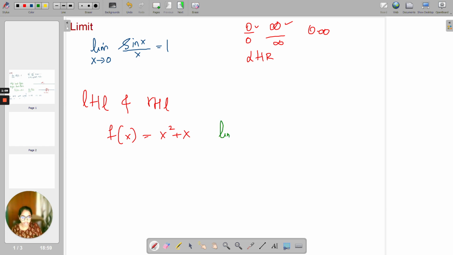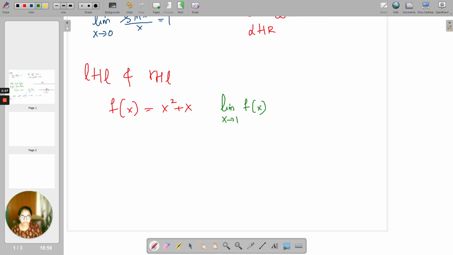We are finding limit x tends to 1 f of x. For LHL, we would give values from the left hand side. That is, if the limit is 1, let me take 0.999, something like 0.99, 0.9. All these values come to the left side of 1.